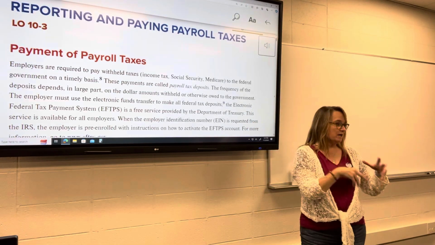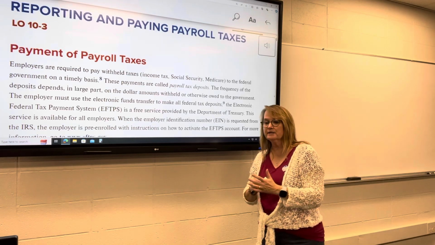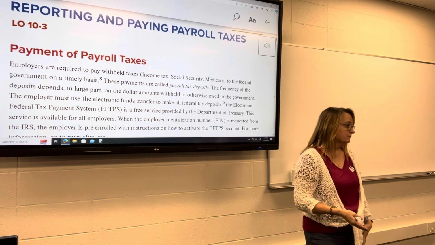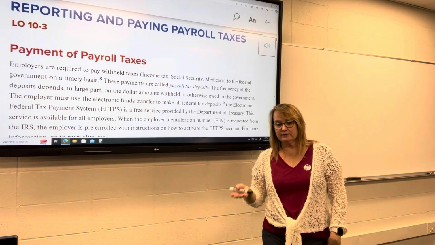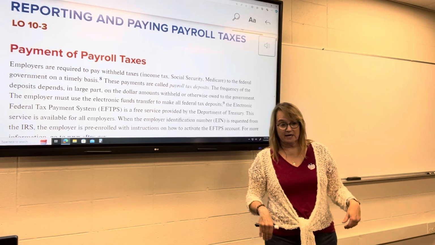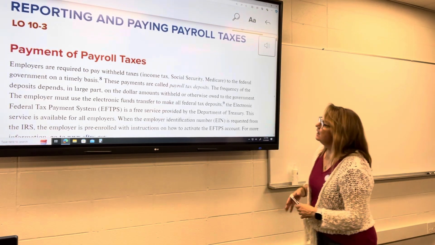So that future time is determined by how much they owe. The more they owe, the faster the IRS wants their money, right?